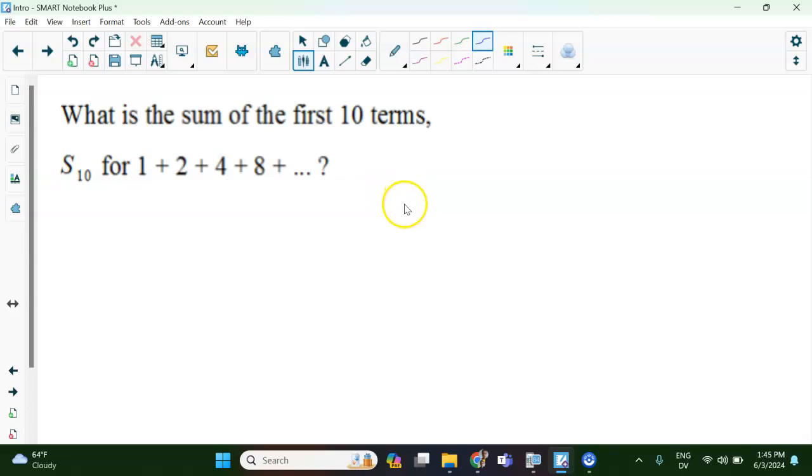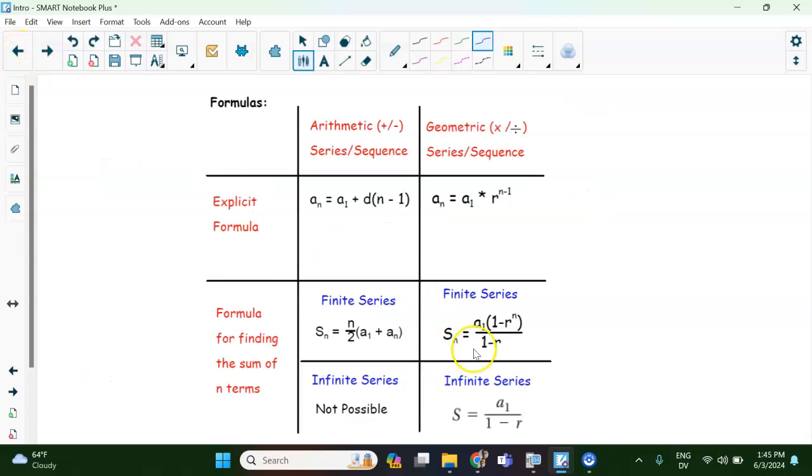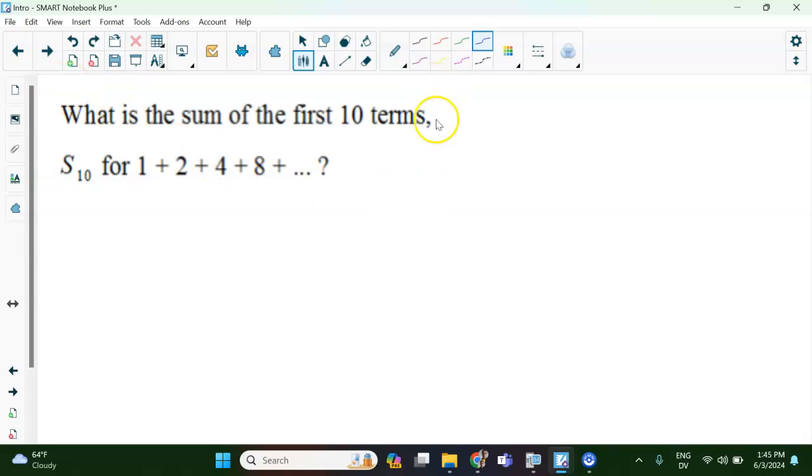Okay, find the sum of the first 10 terms. This is really figuring out the right sum formula. So the sum formulas are on the bottom down here, so see if you can find the right sum formula. Okay, so this one is geometric because we're timesing by 2, and it's finite. It looks like it's infinite, but because it says 10 terms, it's finite.